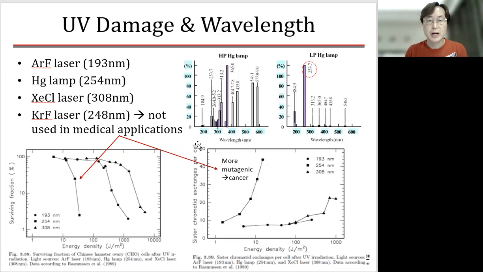So if you see a higher number here, that means more repair is going on, which means there is also a high chance of being mutagenic for the cell. And that is also much higher in the 254 nanometer, which is shown on the left with the square symbol, compared with the 193 or 308 nanometers when you are increasing energy density.